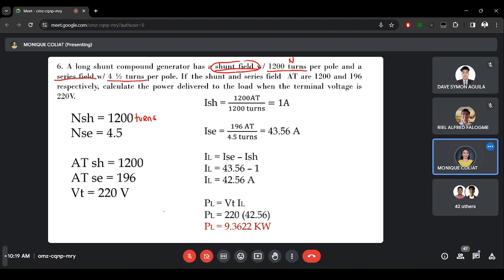So N for the number of turns, and SE, which is series field, is 4.5 turns. Then, if the shunt and series field ampere turns are 1,200 and 196 respectively, we have here 1,200 ampere turns.